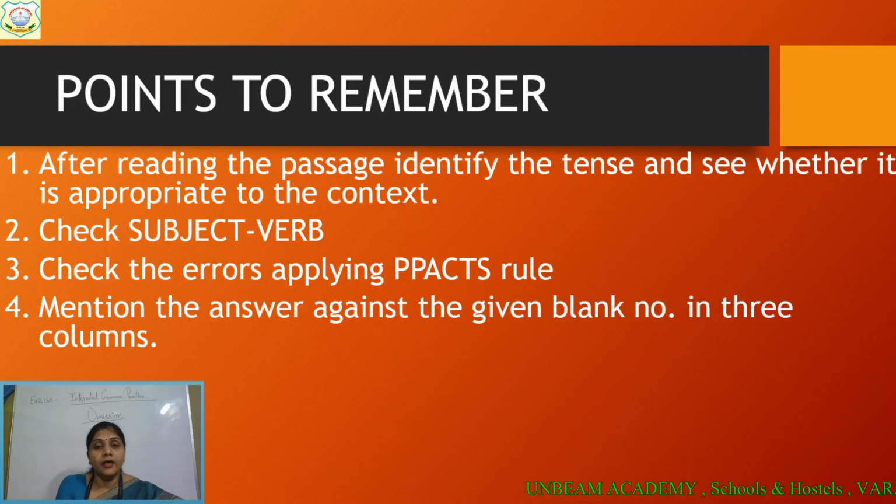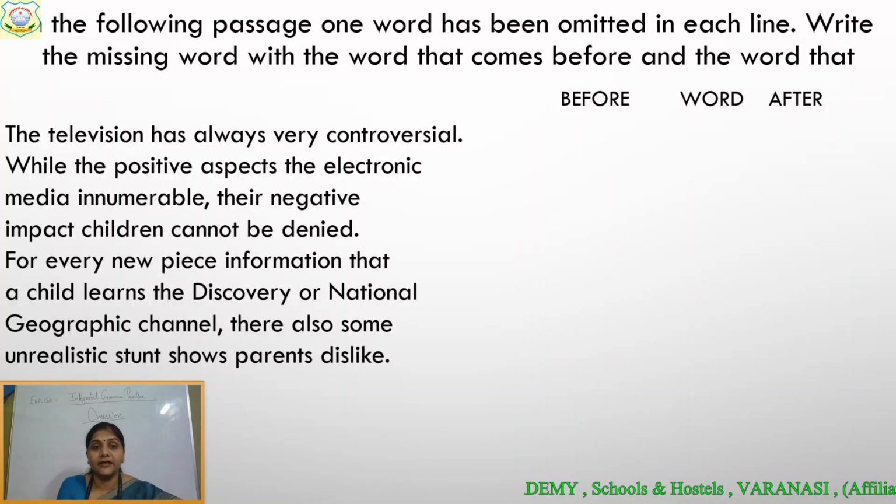Now let's solve our example and see how the question will come in the examination and how you will write the answer. In this way, the question will come. In the following passage, one word has been omitted in each line.